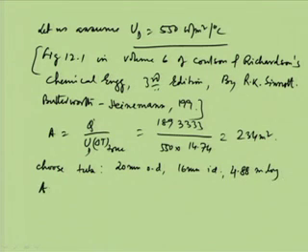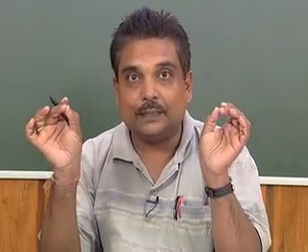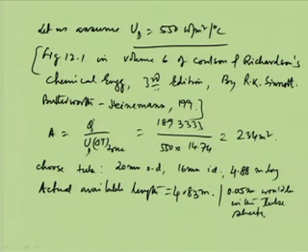So, the actual available length would be 4.88 minus 0.05, that is 4.83 meter, because the rest of the part, 0.05 meter, would be in the tube sheets. These 20 millimeter OD and 16 millimeter ID are standard tube sizes that are available in various books.